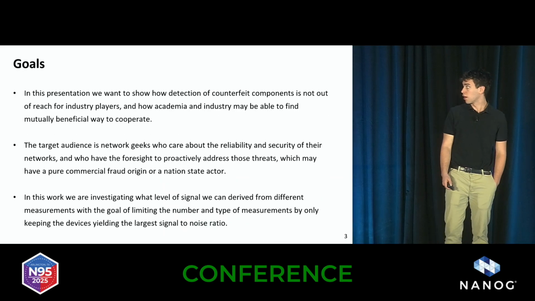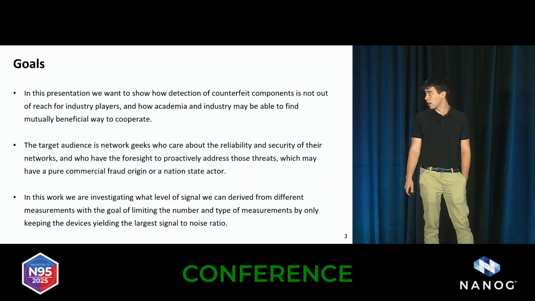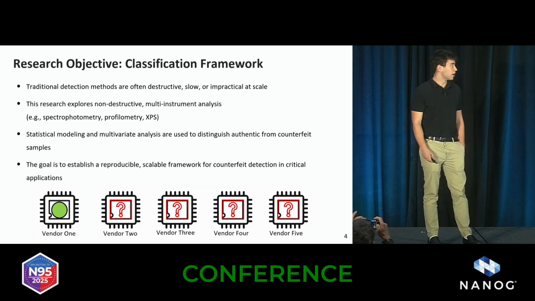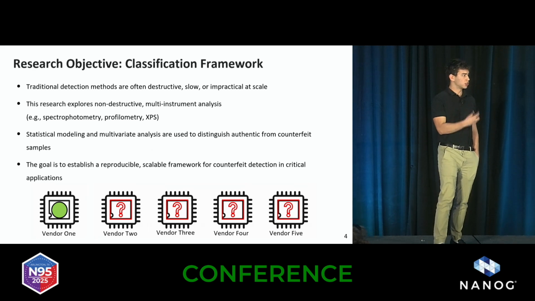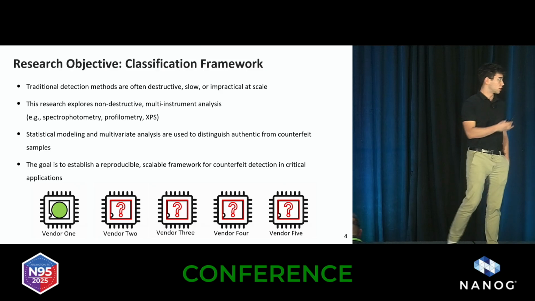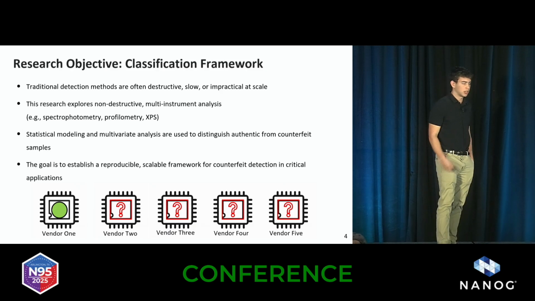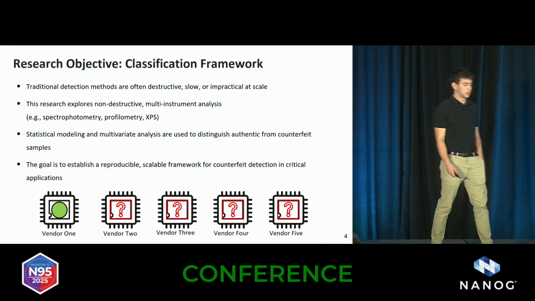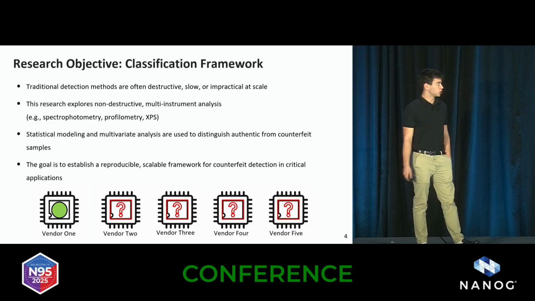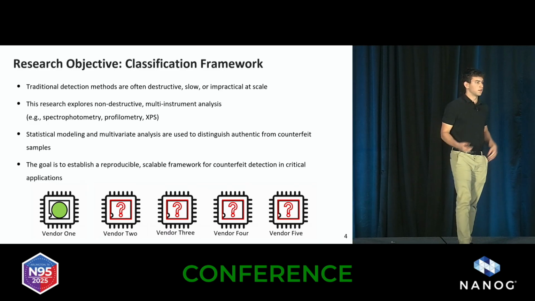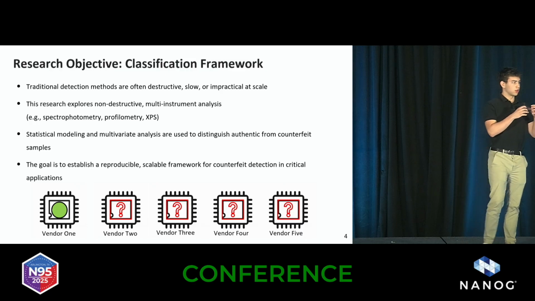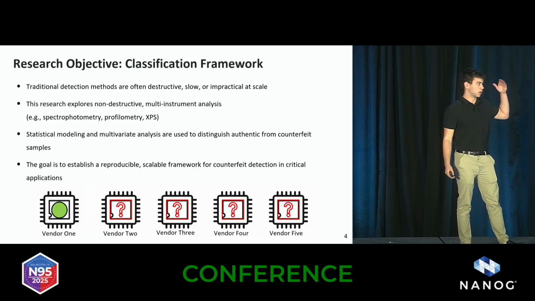So Krasimir covered a lot of these, the rationale and goals, so I'll start off with the objective of my contribution and what some of us on the Purdue side were trying to do, which was to build a classification framework. Traditional classification methods are often destructive. If you're taking apart a chip, you're not going to be able to reuse it in future studies.